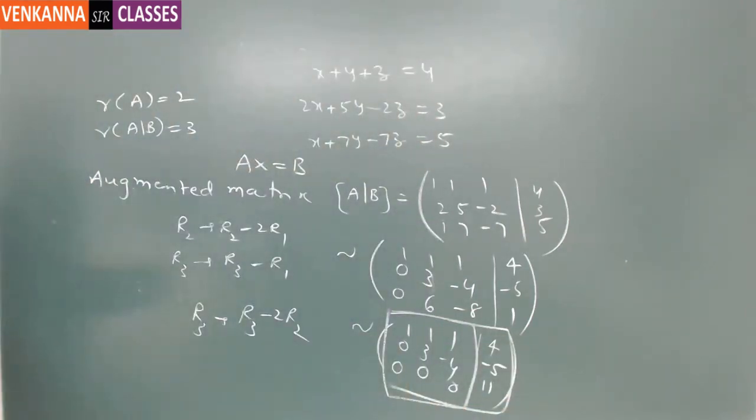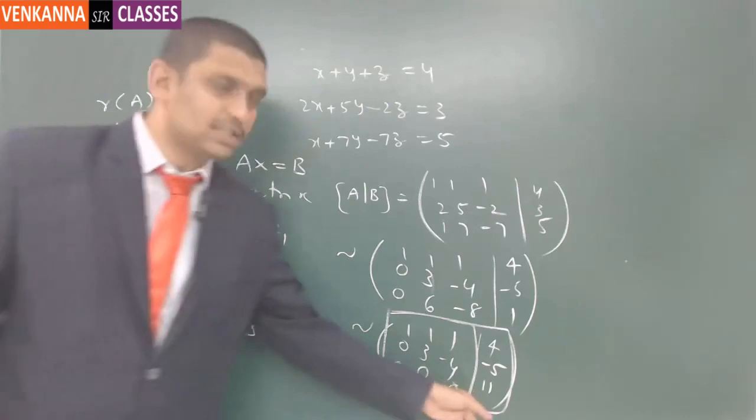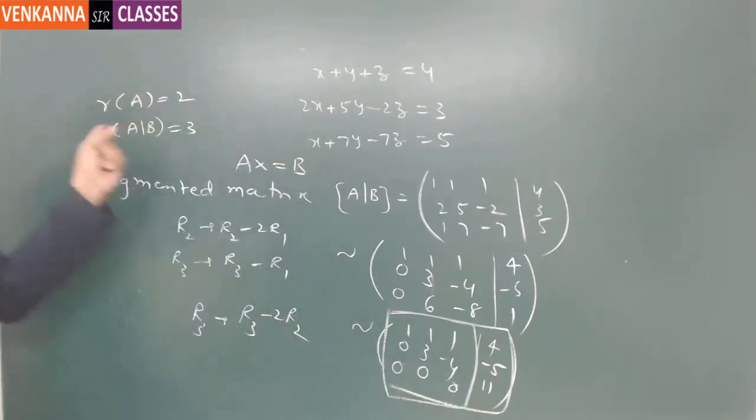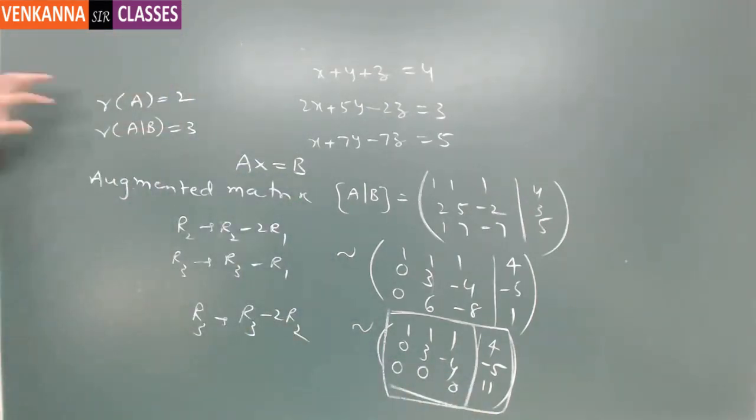So all the three rows are non-zero because this part is not 0. So hence rank of A by B is equal to 3. Since these values are unequal, the given system is inconsistent, so it has no solution. Okay? Clear? Any questions?